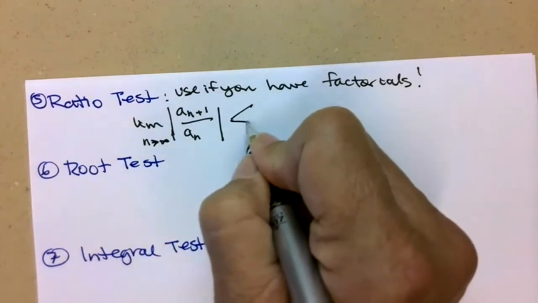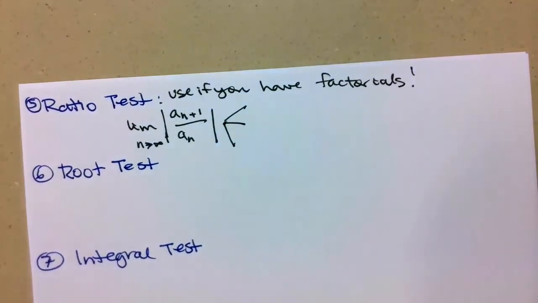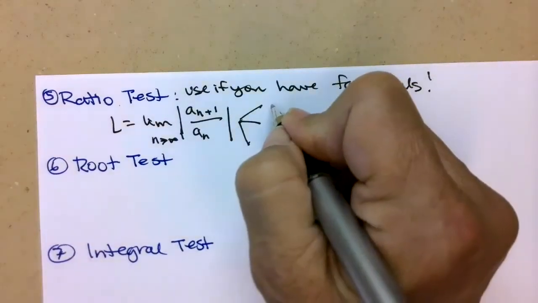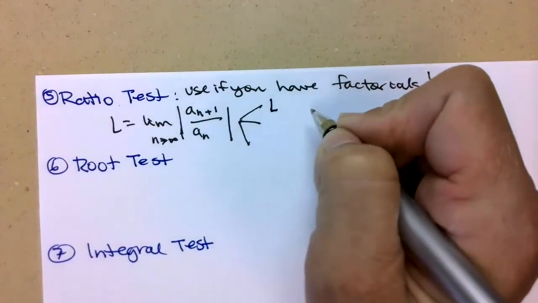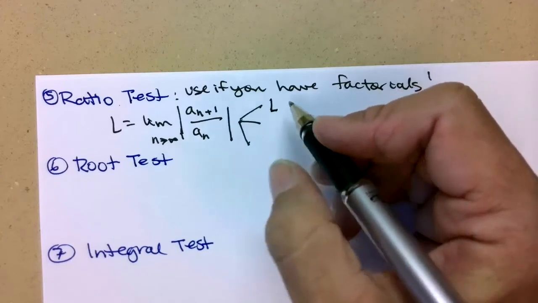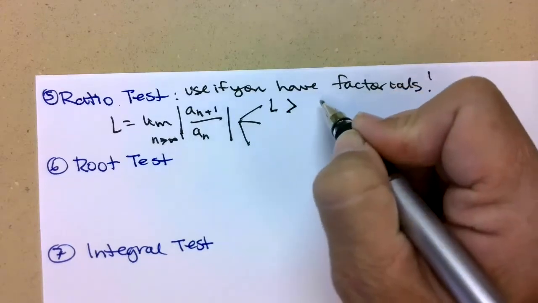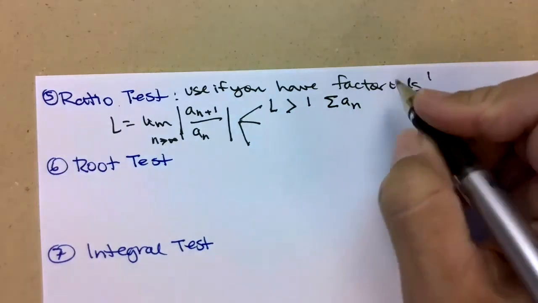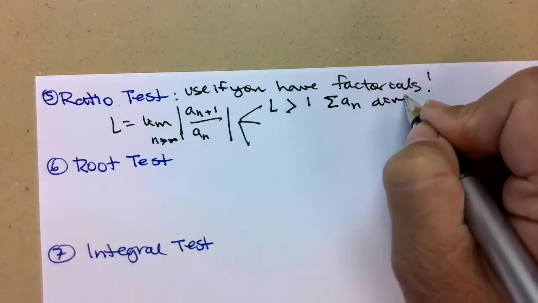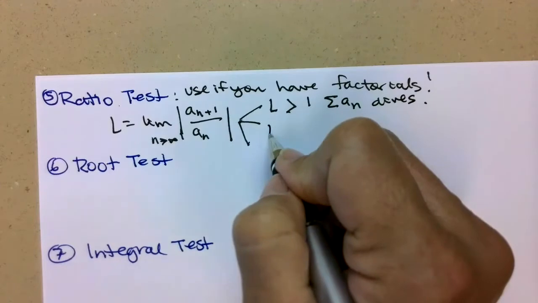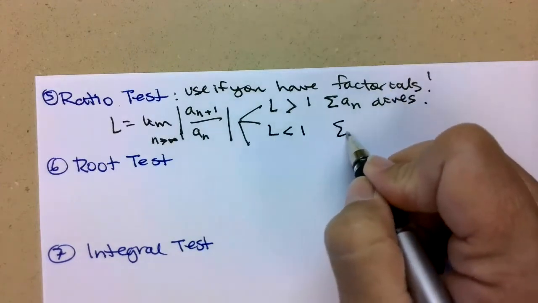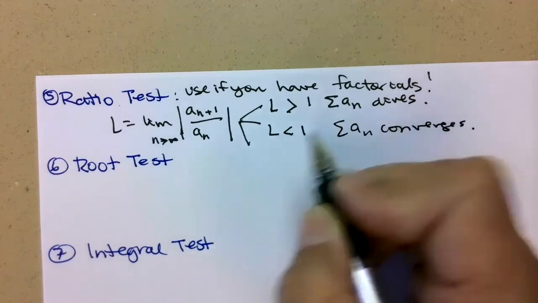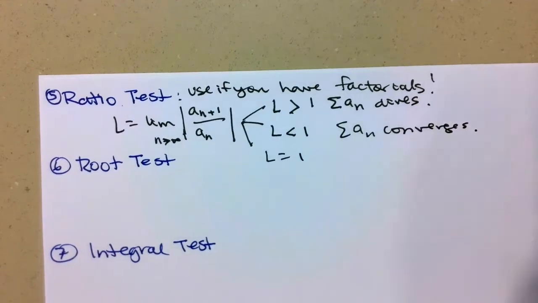And then, three things can happen with L. So we'll let L equal whatever this limit is. If L is greater than 1, your series diverges. If it's less than 1, yay, it converges. If it equals 1, pick a new test.